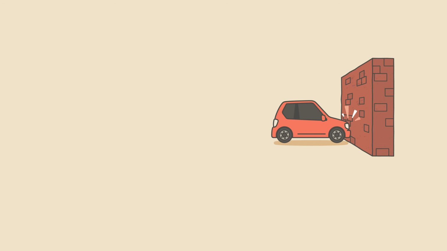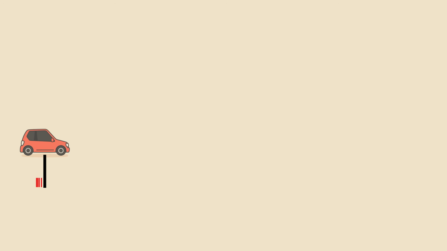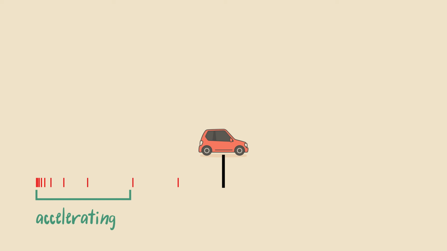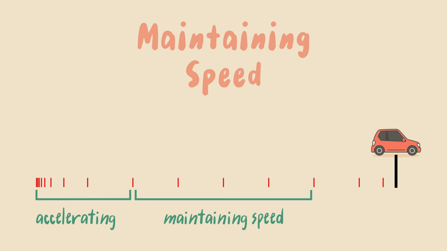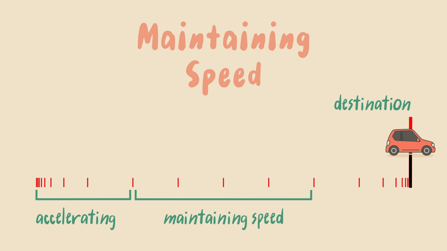And at some point, you don't want to keep on accelerating, right? Because the car would be now too fast for you to control. And you might hit a wall or another car, and you don't want that, right? So eventually, you would want to stop accelerating and just maintain speed. And once you have reached your destination, you would want to stop, right?